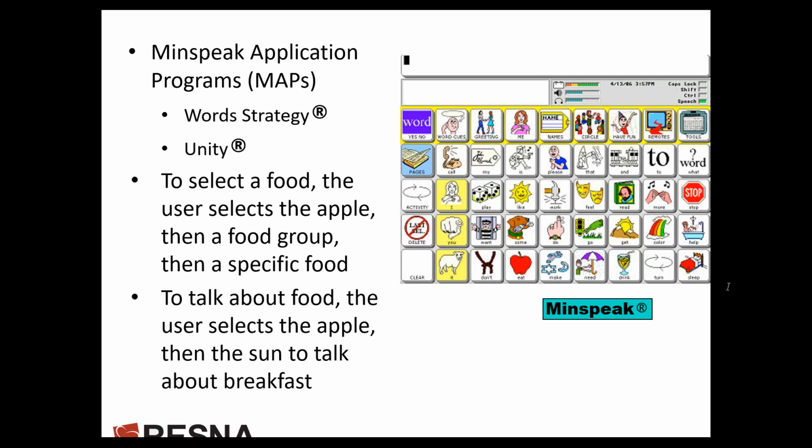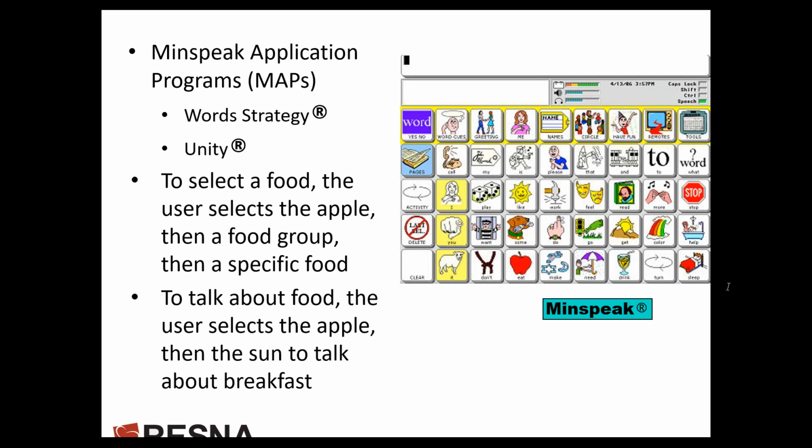So the user has a smaller number of icons with multiple meanings, which reduces the access requirements and minimizes keystrokes that are required to retrieve the vocabulary. So for example, to retrieve food, the user would select the apple and then a food group and then a food. To talk about food, the user might select the apple first and then the sun to talk about breakfast, or a skeleton to say that something tastes awful.